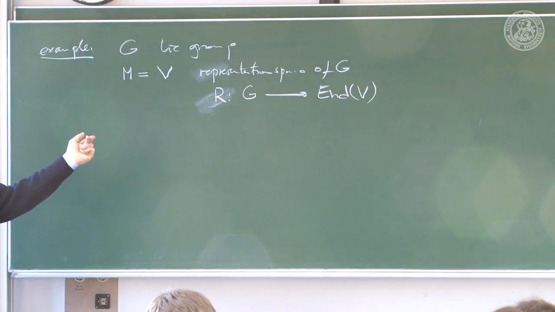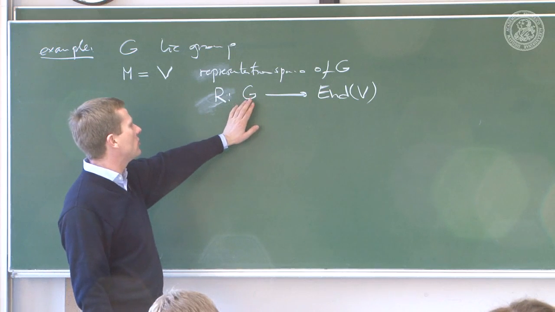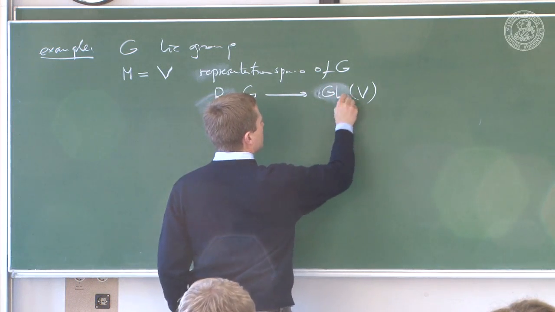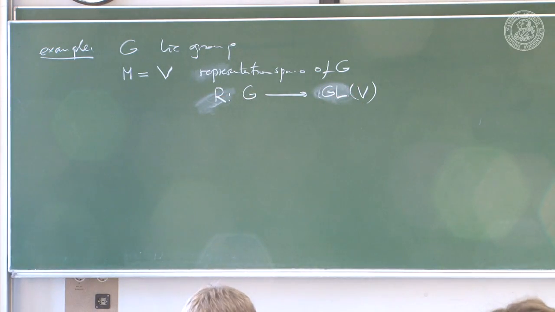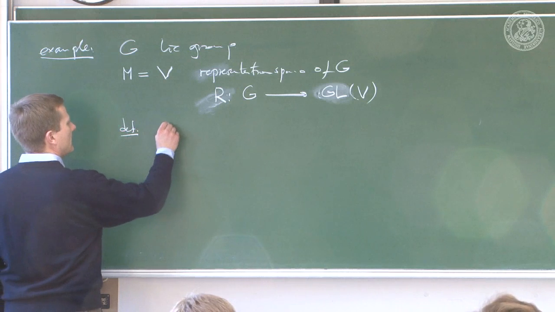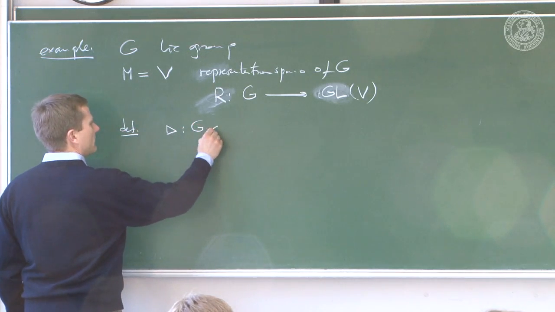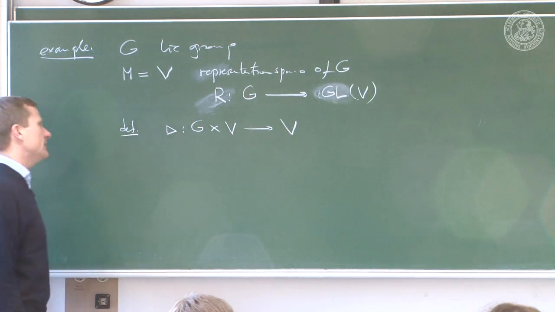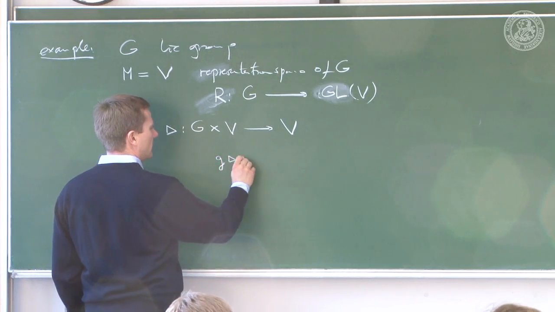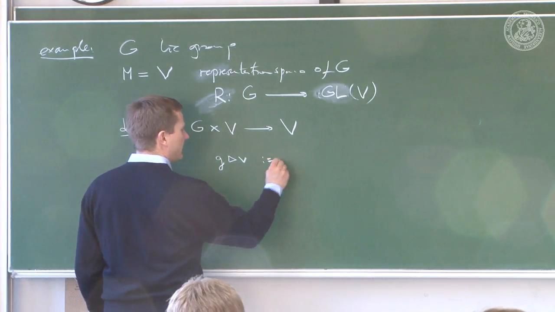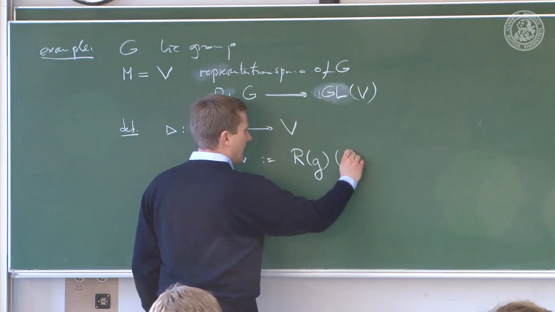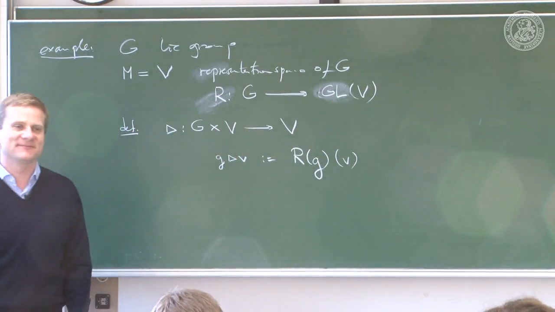We studied such stuff before, right? We studied representations also of the Lie group into the endomorphisms. Well, actually, it was called GL of V, because we need this to be invertible. And we can, of course, therefore define a left action of G on a representation space here by letting G act on a little vector, by definition, by using the representation of this element and letting it act as a linear map on the vector.